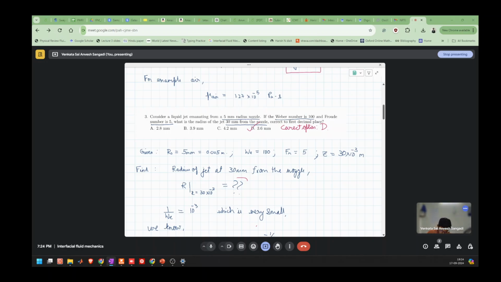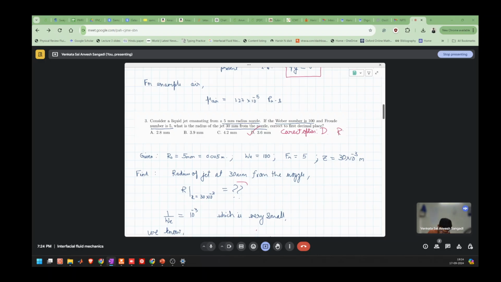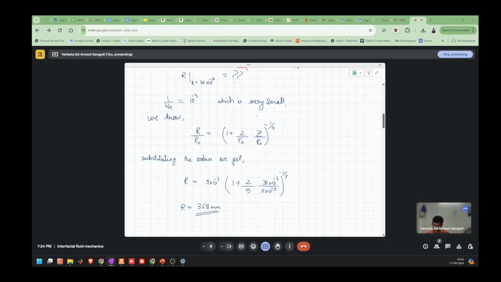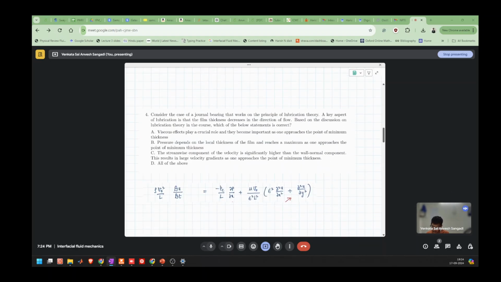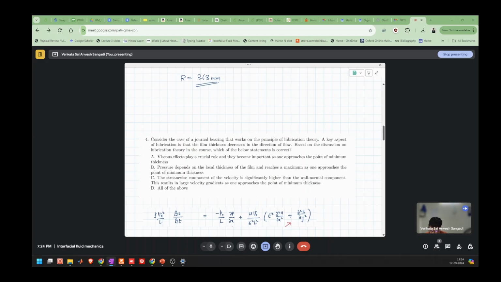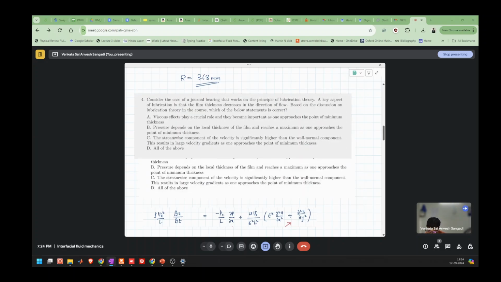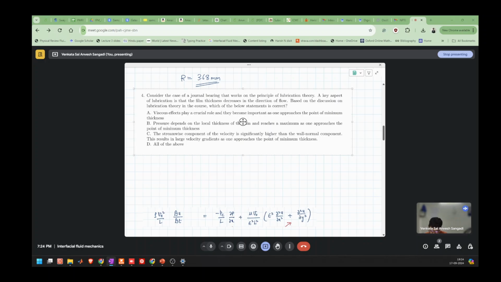The radius R will be equal to 2.6 mm. So going to the next question. Let's read the question. Consider the case of a journal bearing that works on the principle of lubrication theory.